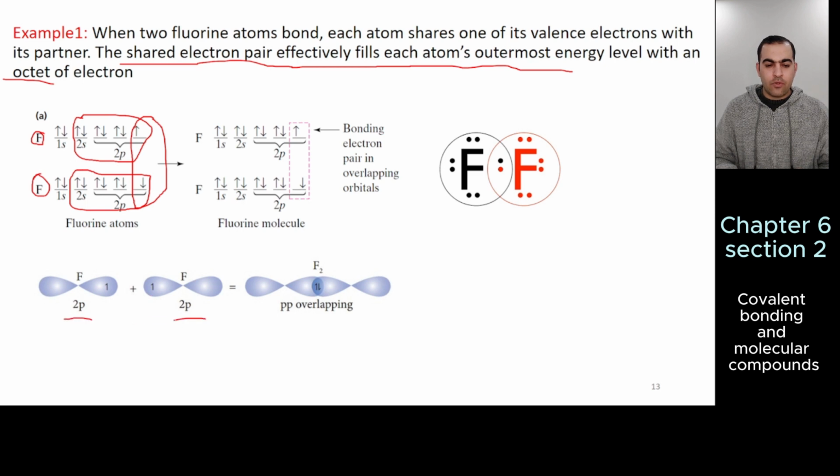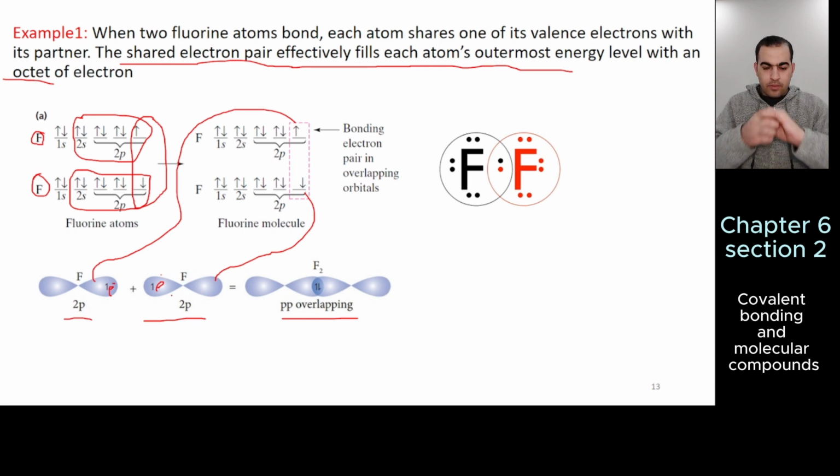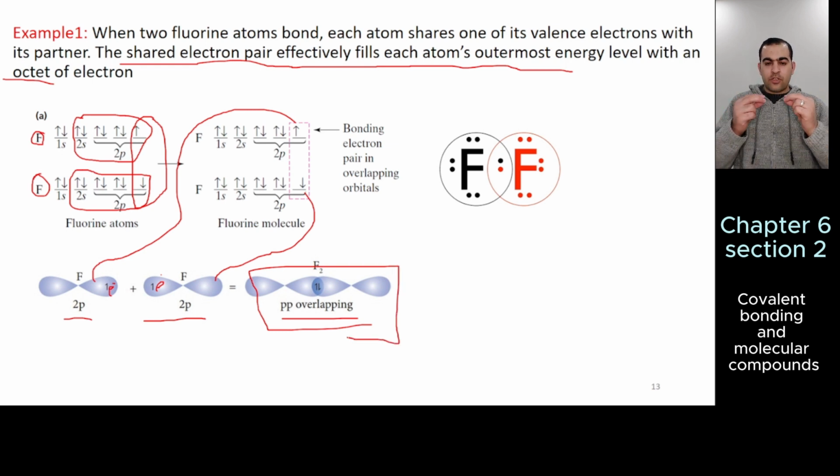Their orbitals are going to overlap. How? Look at these two orbitals. Do you know that p orbitals have a dumbbell shape? This is the shape of the orbital, showing how the electrons move around the nucleus. This one has 1 electron. This one has 1 electron too. Look, now both are going to overlap. This is overlapping orbitals. When two atoms share electrons, their orbitals overlap. This process is called overlap. Now these two electrons are the electrons of both orbitals.